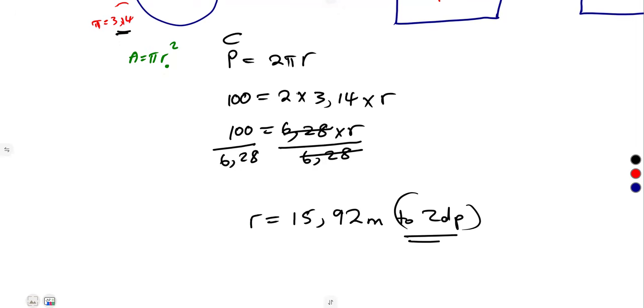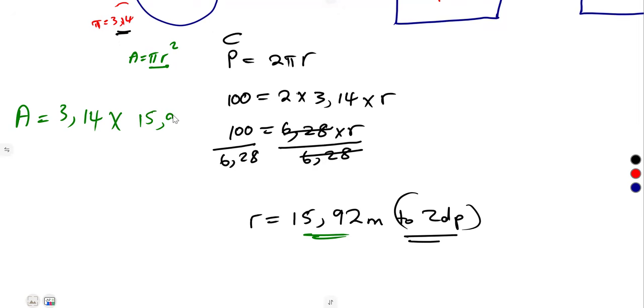If that's our radius, what is the area? The question is on the area. We needed the radius because the formula is pi r squared. So now let's calculate our area. Area is equal to pi r squared, which is 3.14 times 15.92 squared.